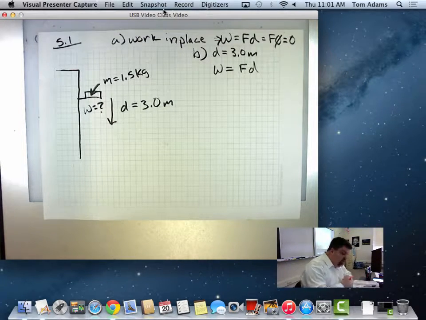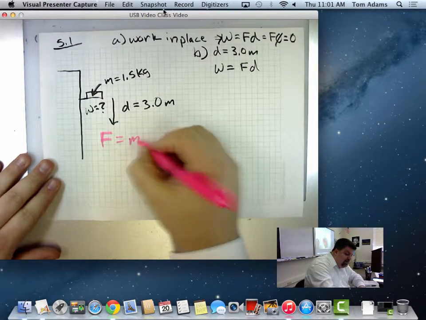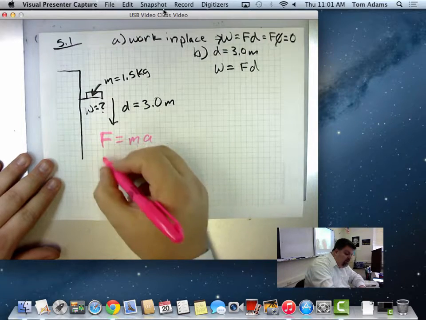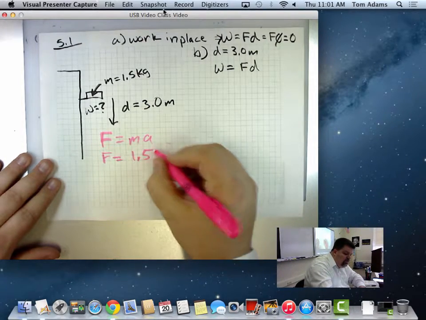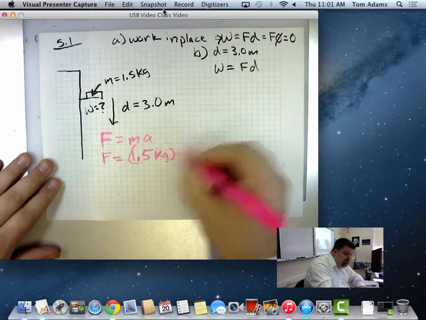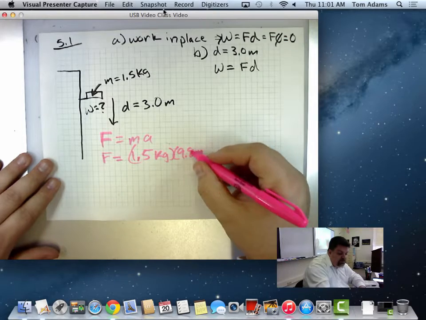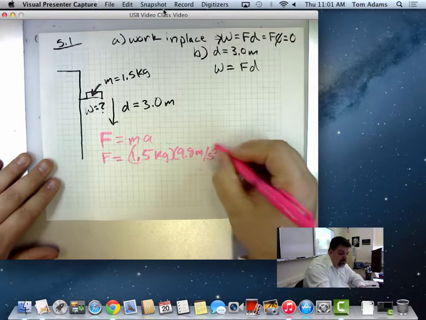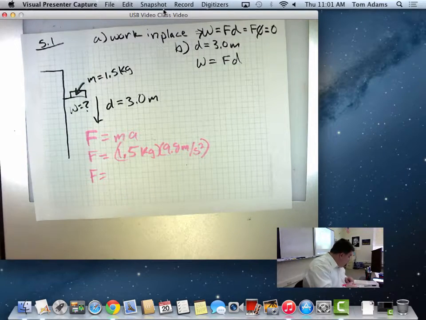Force is equal to the mass of the object times the acceleration. For gravity, that's the mass, 1.5 kilograms, times the acceleration due to gravity, 9.8 meters per second squared. So the force is 1.5 times 9.8.